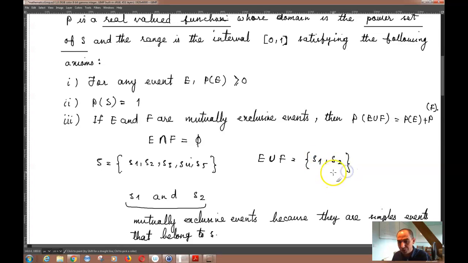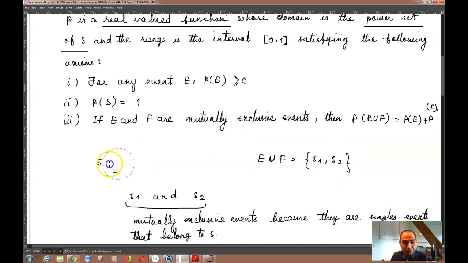So now the probability of this would be P of E plus P of F. I don't have enough reason here yet, but we will hopefully take a look at this in an example to understand it. So let's now move forward.